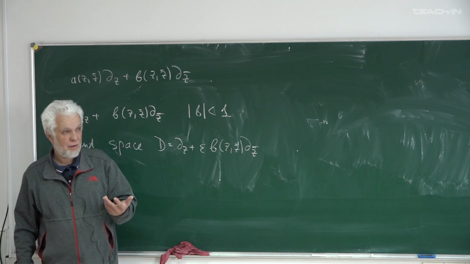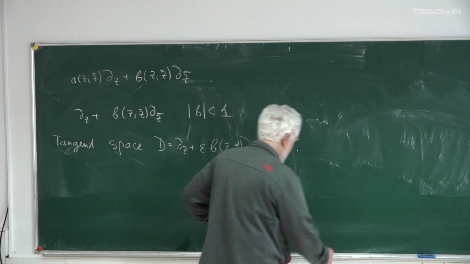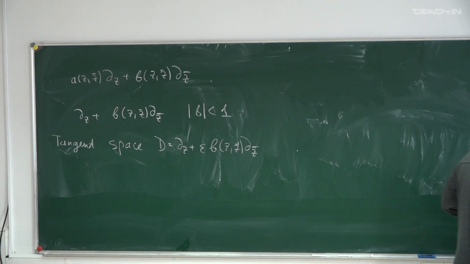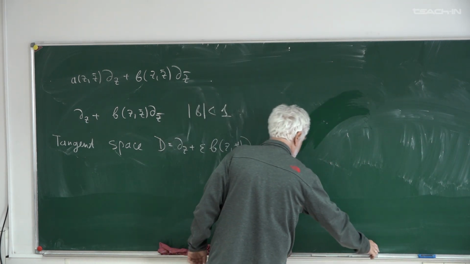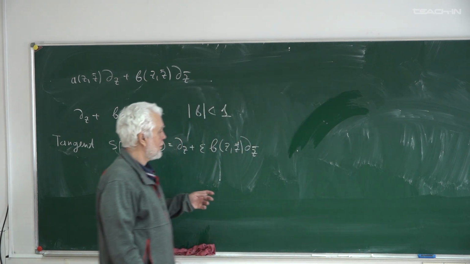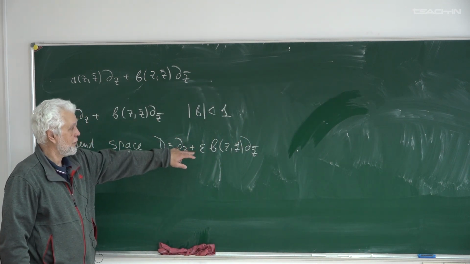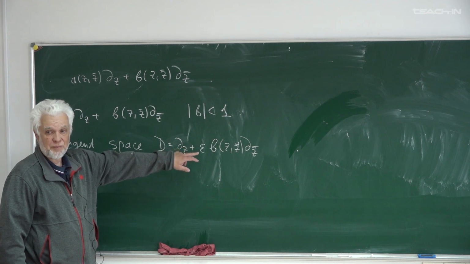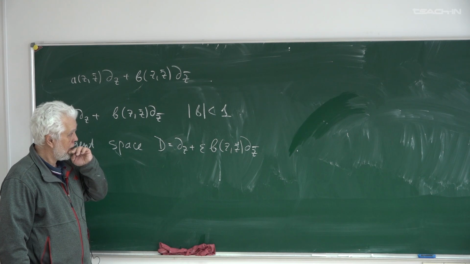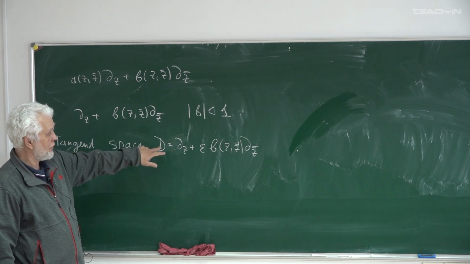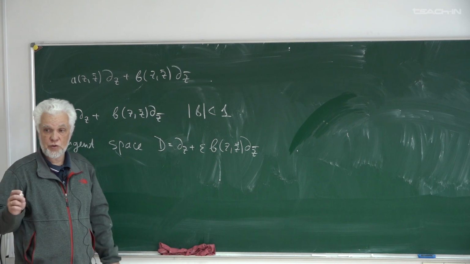So now let's study. We have two questions at this moment. First of all, what is B? What is the transformation law of B? Let me check it. Assume we make a holomorphic change of coordinates.